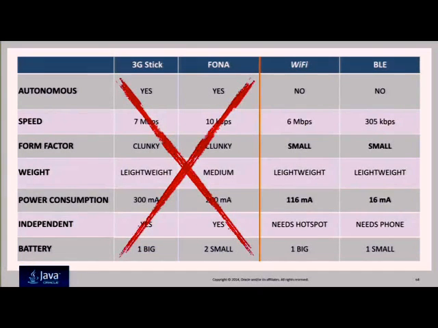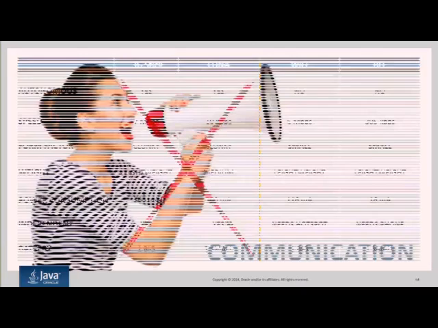And if you are really honest, then you will figure out only Wi-Fi and BLE is the way to go. And because of the reasons I told you already, that if you have an additional phone, the hotspot doesn't make sense. In the end, Bluetooth is the way to go. And that's the reason why you see all wearables using Bluetooth, or ANT+. ANT+ is also good for that.